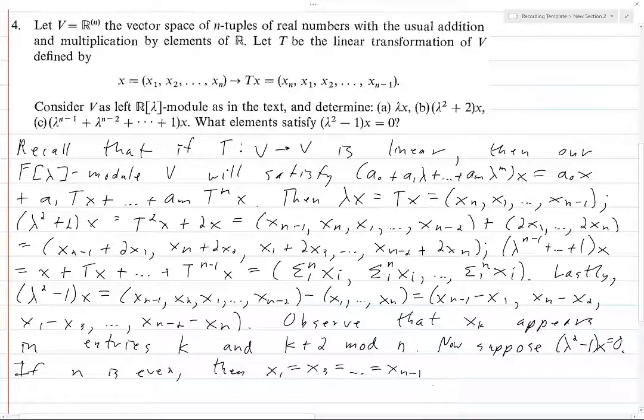Because if n is even, then n minus 1 is odd, and so we're starting at x_1 and counting up by 2's, and we're going to end at the odd number x_{n−1}. And then the next thing after this, you take n minus 1 and add 2, and that'll give you n plus 1, but then you take that mod n, and that gives you back x_1. And so we just loop back around again.